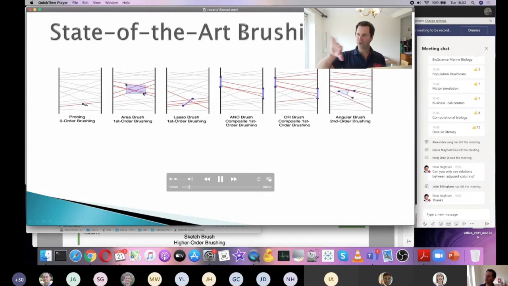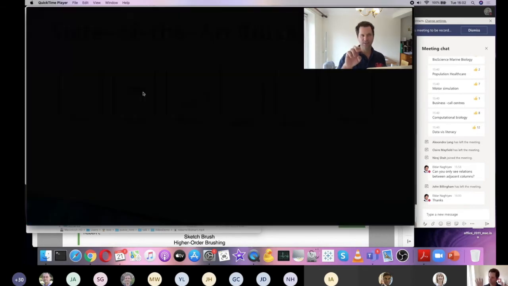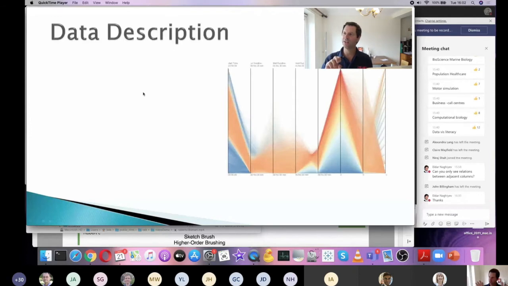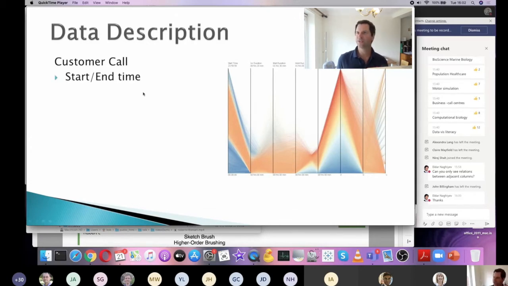And you can do all sorts of mouse interactions that basically highlight a specific subset of polylines. And this is to help address this problem of overcrowding or overplotting or very, very large data sets when it comes to parallel coordinates.